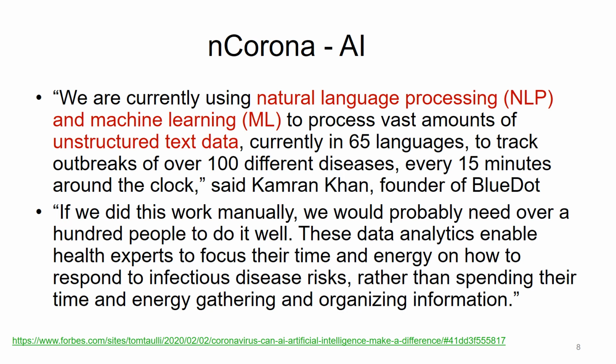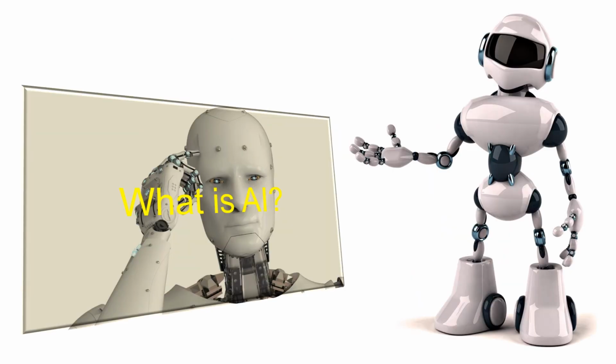If this work is done manually, definitely we can assume it will take days and weeks. So that is where machine learning or natural language processing or the core of artificial intelligence helps improve how we live.